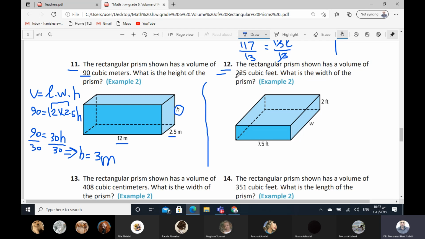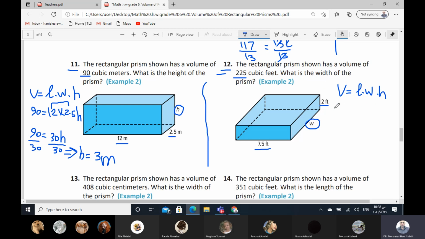So we have the volume 225. We have here the length 7.5 and the width is the missing value, and here we have the height. So start from the formula: V equals length times W times height.